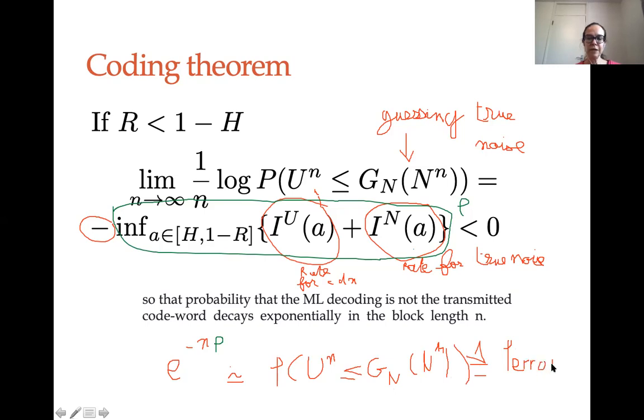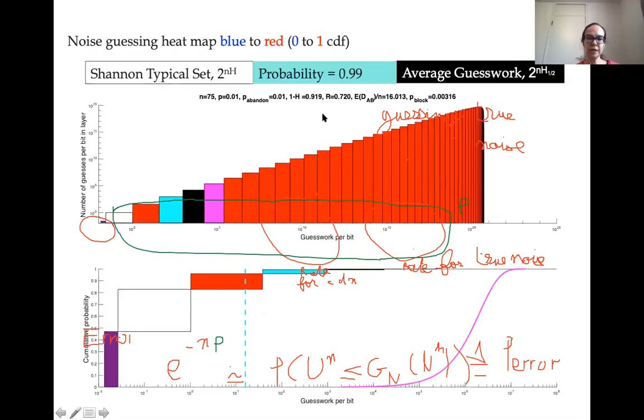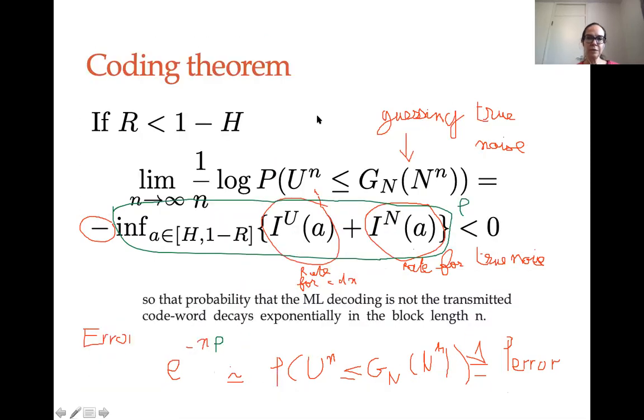So this is a way of actually finding what we call in information theory error exponents, okay? This is finding an error exponent. The exponent is again this notion of rate, which is how something is growing or decreasing with the length n.